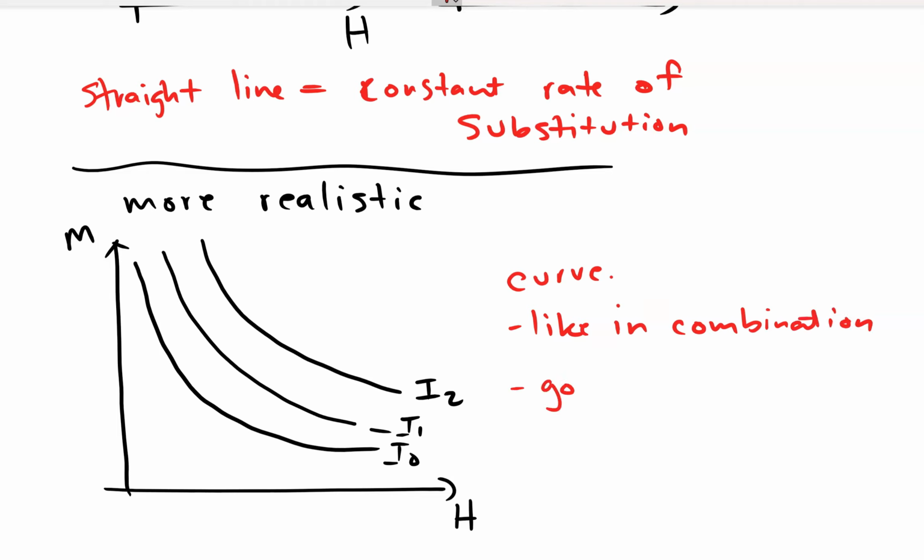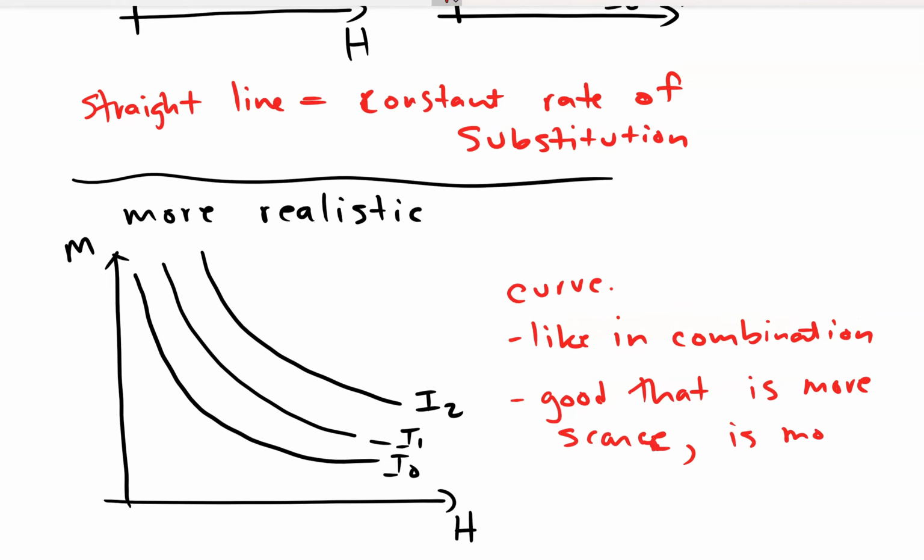And then the second thing is the good that is more scarce becomes more valuable. If it's more scarce to you, it's more valuable to you. Let me show that on the graph, and then we'll take a break before we do the next video. So if we look on this line, up here you have tons of market, very little home, and you're willing to trade off tons of market for a tiny bit of home.